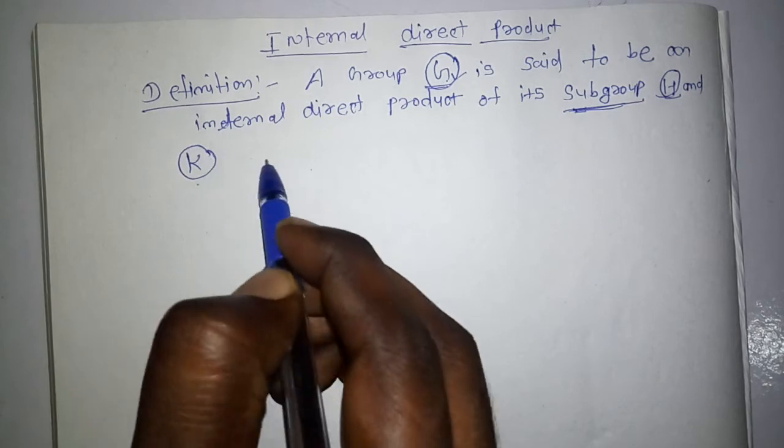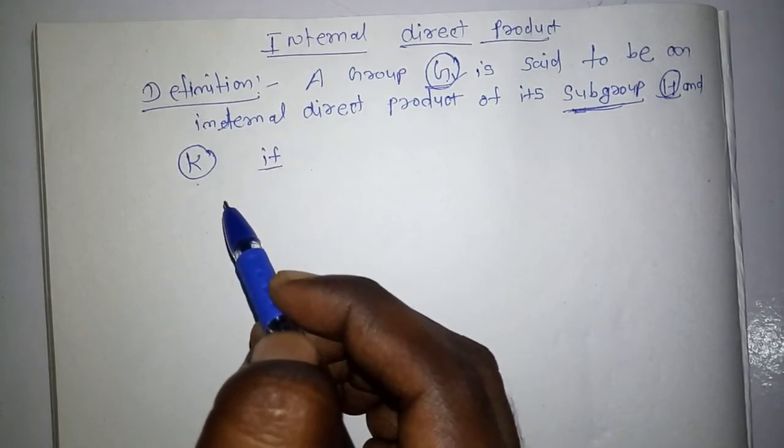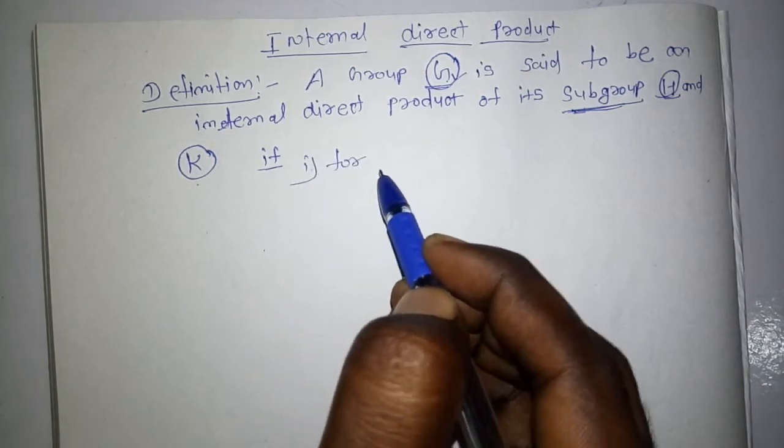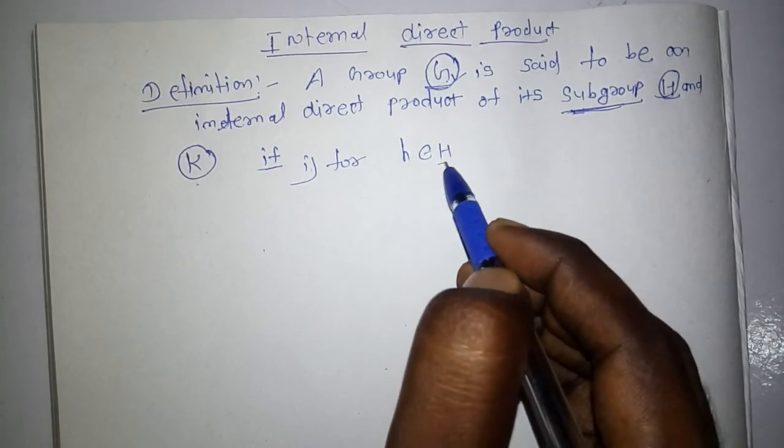Okay students, if the first condition is applied here: for h belongs to H. Okay students, what is H?